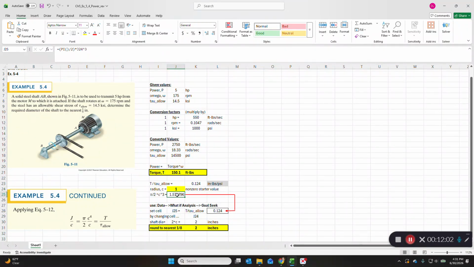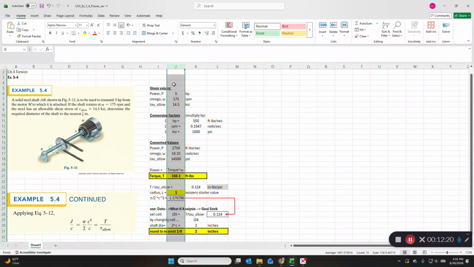All right, now here we're going to use data analysis and goal seek, because T over tau allowable we've already calculated, and it's a constant now, based on prior variables, of 0.124, right? What we're going to do is set cell J25, which is pi over 2 times C cubed.